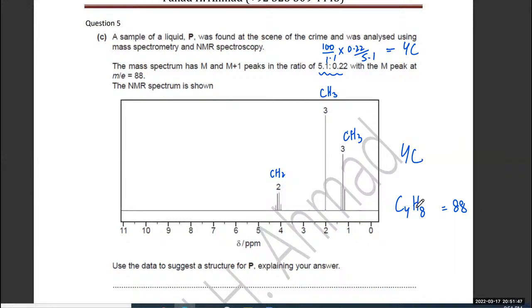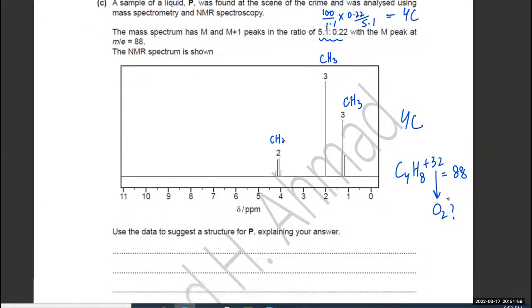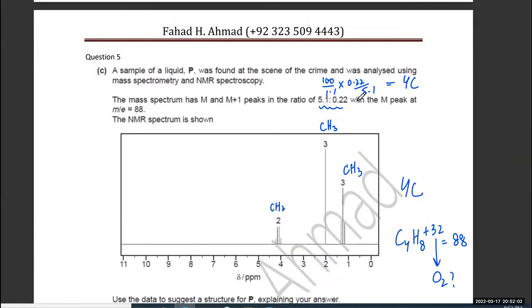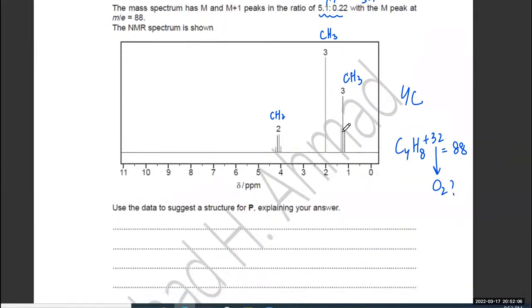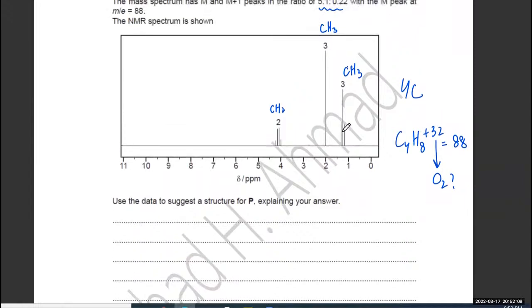That's 56. So what's missing? 32 is missing. So what's your hunch? 32 must be two oxygens, right? Yeah. They didn't tell us anything, but it's probably going to be 2 oxygens, right?